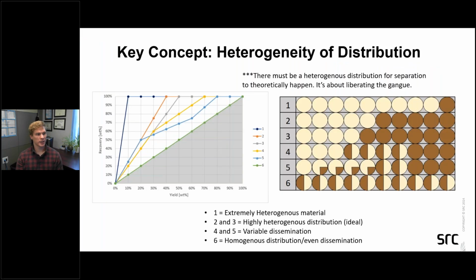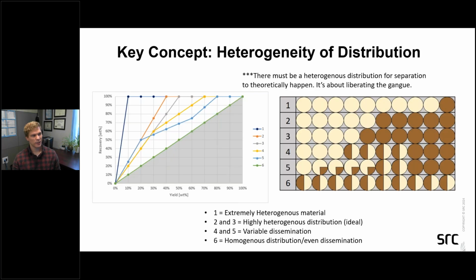So say we have 6 boxes of cookies with various amounts of chocolate covered cookies in them. If we looked at number 1, that would be an extremely heterogeneous distribution, right? You only have 1 chocolate cookie relative to all the non-chocolate cookies. So if we looked at this graph on the left, you can see that if we separated those perfectly by hand, as soon as you got to 10% yield, you have 100% recovery because you took that 1 chocolate cookie out.